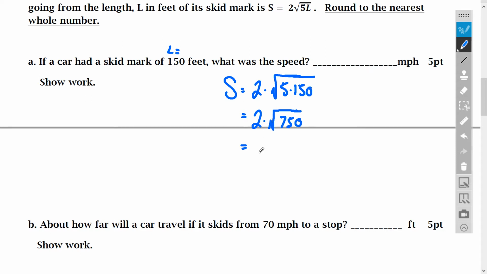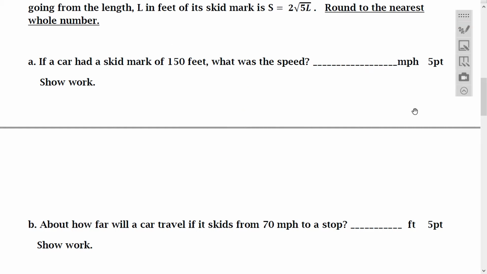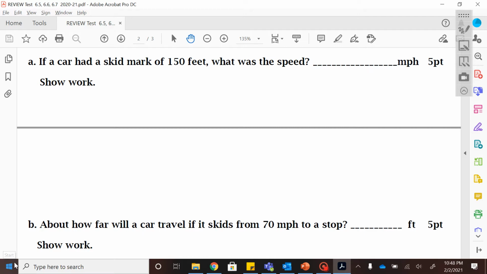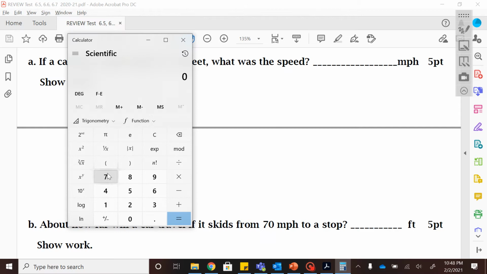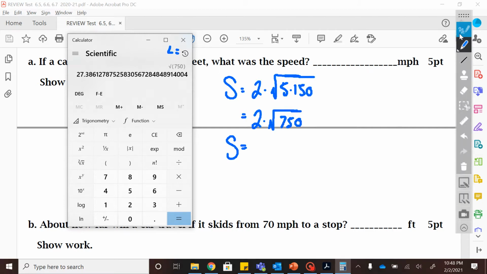All right, it says round to the nearest whole number. All I have to do here is use a calculator to calculate 2 times the square root of 750. Okay, so let's get out the calculator. So I'm going to take the square root of 750, that's 27.3, and then I'm going to multiply it by 2.